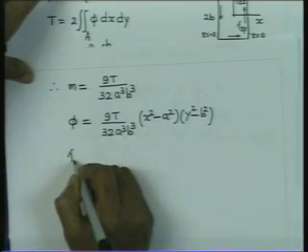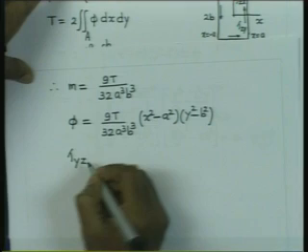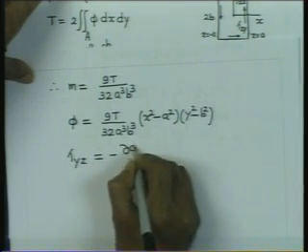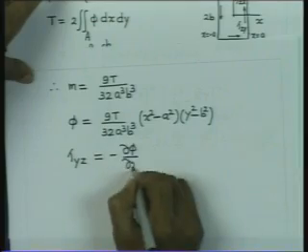Let us now calculate the stress which is going to act at the boundary. Particularly, we will be interested in calculating the stress at the end of the x axis. That stress is going to be tau yz, and this is given by minus delta phi by delta x.